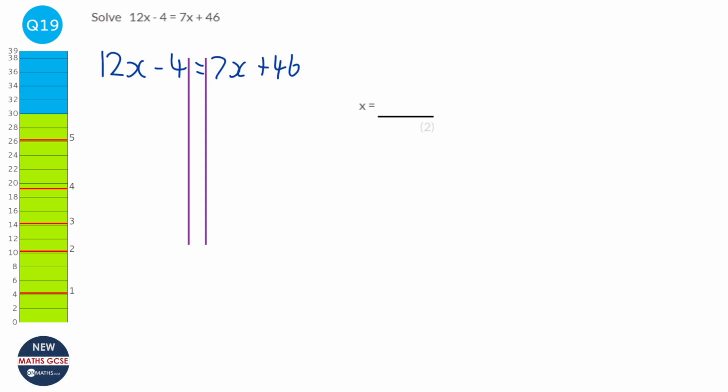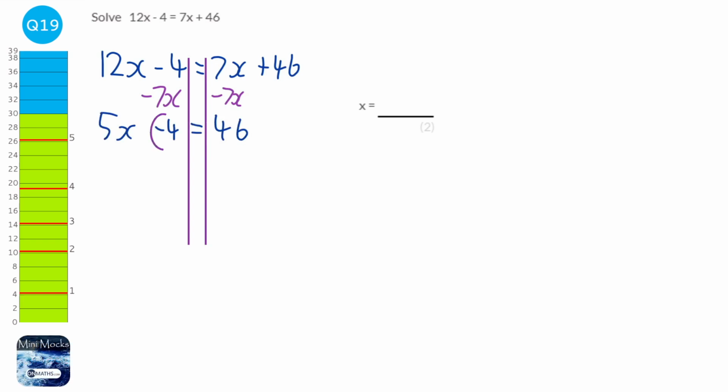So we're going to get rid of that first. So we've got our lines in, and we're going to take away 7x both sides. And so 12x take away 7x is 5x. And the 7x is gone, so it's just equals to 46. Then we've got the minus 4 to get rid of, so we're going to add 4 both sides.